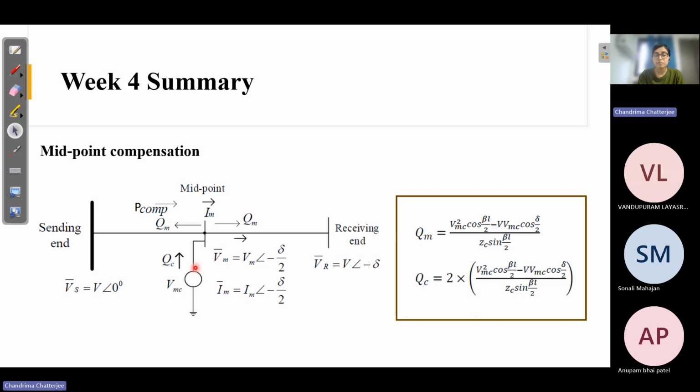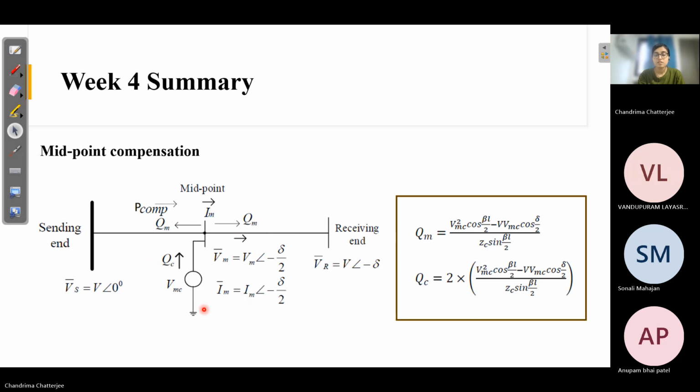What is exactly compensation? You will either inject or absorb reactive power, right? That is reactive power compensation. You can either inject it when there is a requirement here, or you can absorb it when there is excess reactive power. If the line is producing reactive power, then you will have to absorb it. That's how we will compensate the reactive power.